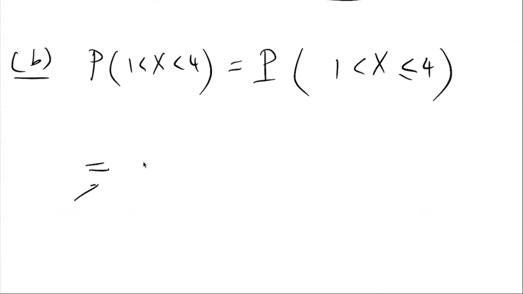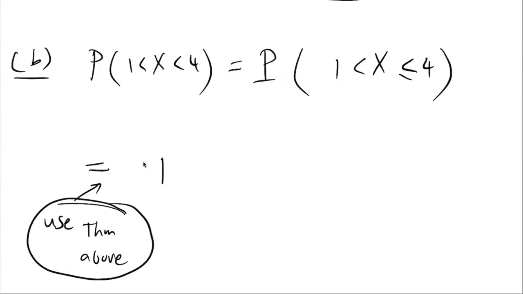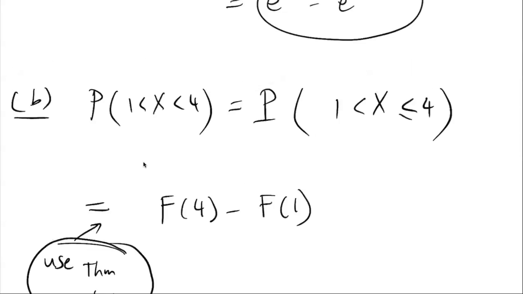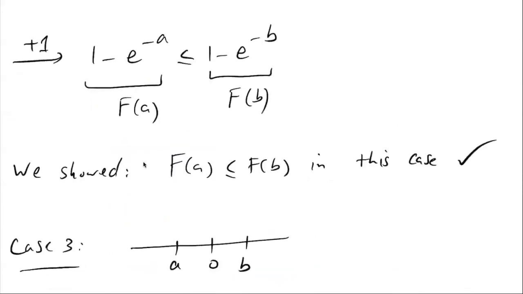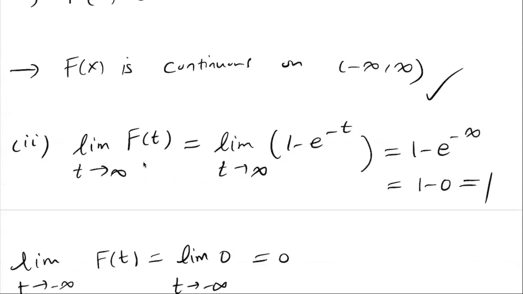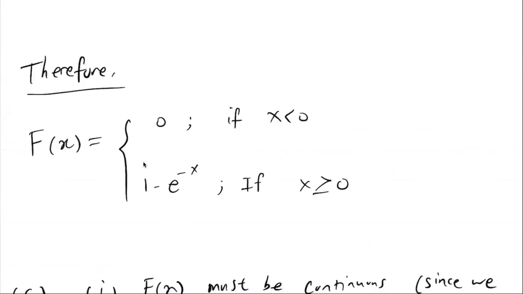And now I can use the formula above, or let me say use the theorem above, we call it a theorem. If I use the theorem above, then I can write it as capital F of 4 minus capital F of 1. And what was capital F of X? We calculated it in the last example. Capital F of X was 1 minus e to the power minus X for X bigger than 0.